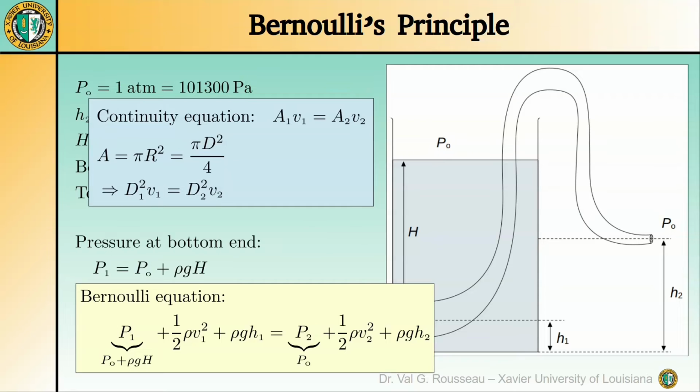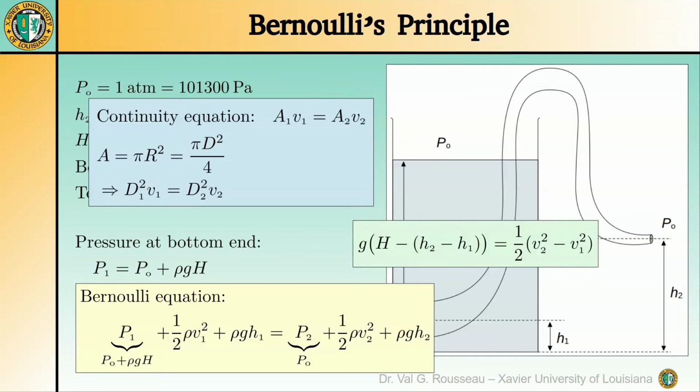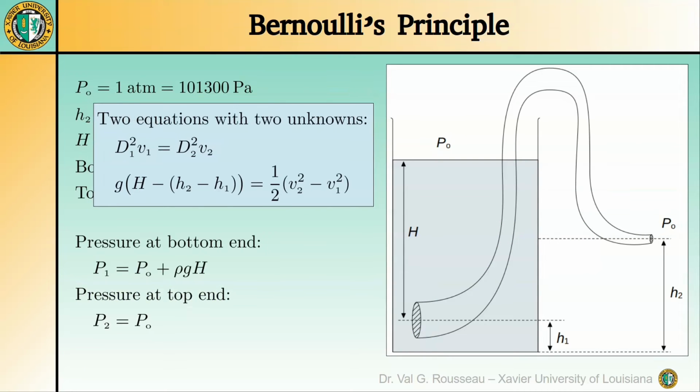So what we can do is to move all the velocity terms to the right-hand side and all the other terms to the left-hand side. So we obtain g times (H minus h2 minus h1) is equal to 1/2 (v2 squared minus v1 squared). So we have two equations with two unknowns, v1 and v2.